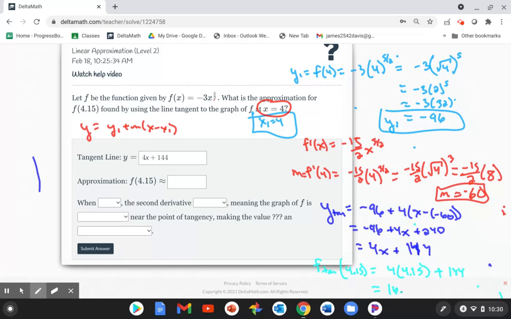So it's 16.60 with that plus 144. And that would give us 160.6. I wouldn't advise doing this whole thing without a calculator, just because on Delta Math you mess up one part and you've ruined everything. So I would double check that using a calculator. So 160.6 would be our approximation.